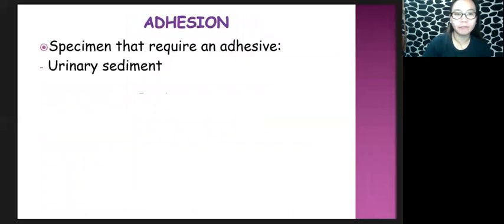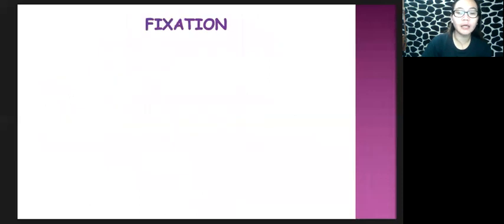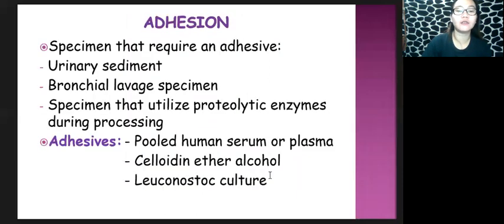In some kinds of specimens, there is a need for us to make use of adhesives. We have to perform adhesion in order to prevent the washing off of your smears, especially during processing. Particularly, we are concerned about the washing out of your smears during staining.